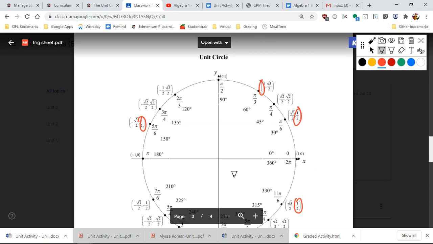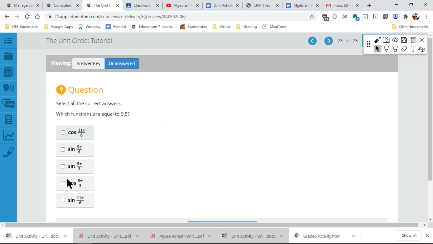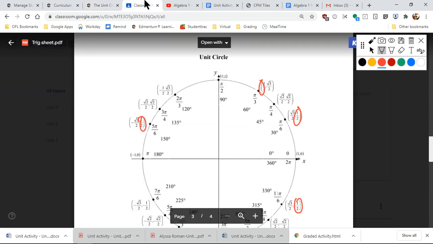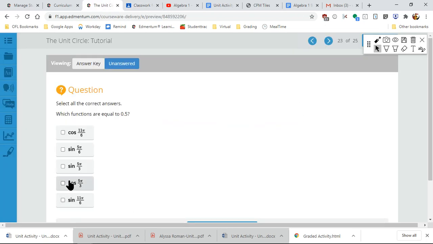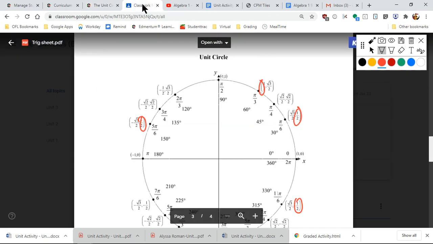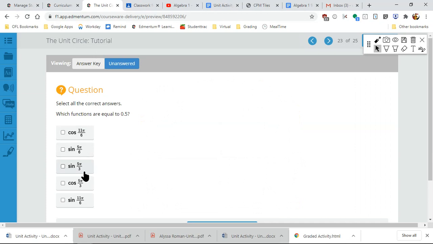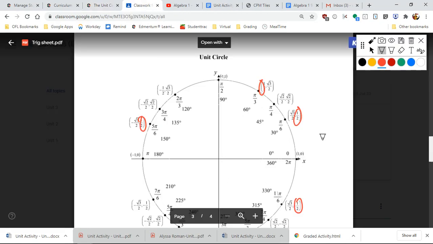Cosine at 30 or cosine at pi over 6. So look over here, cosine at pi over 6. Nope. I also have one at sine. Oh, I'm sorry. Sine at pi over 6. I'm sorry, it's the y value. Since it's the y value, it's sine of pi over 6. Still no. Or cosine at pi over 3. Nope.